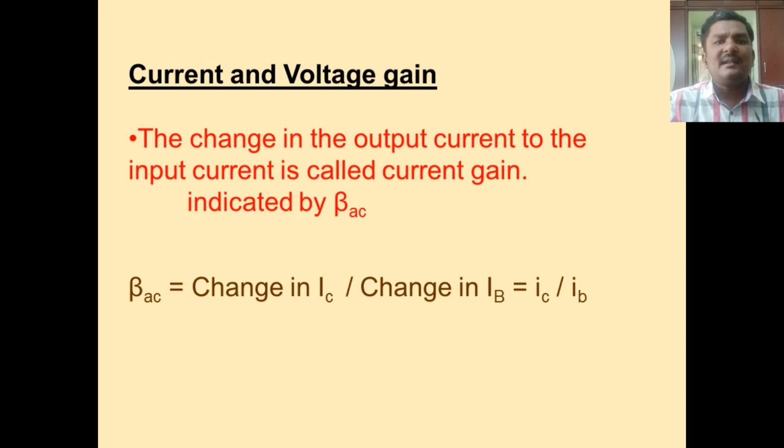The change in output voltage to the input voltage is called voltage gain. Generally, voltage gain is denoted by AV.